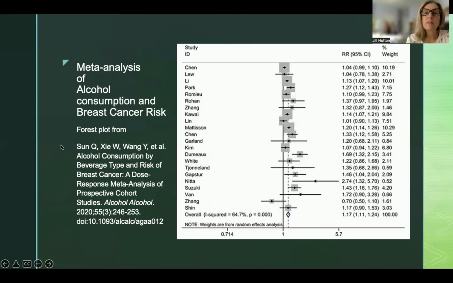So this is a meta-analysis of alcohol consumption and breast cancer risk. And these authors compiled some 22 studies, all trying to answer this question. So a few things to note. This is one, and you'll see that many of these studies do not reach statistical significance, and some of them do.